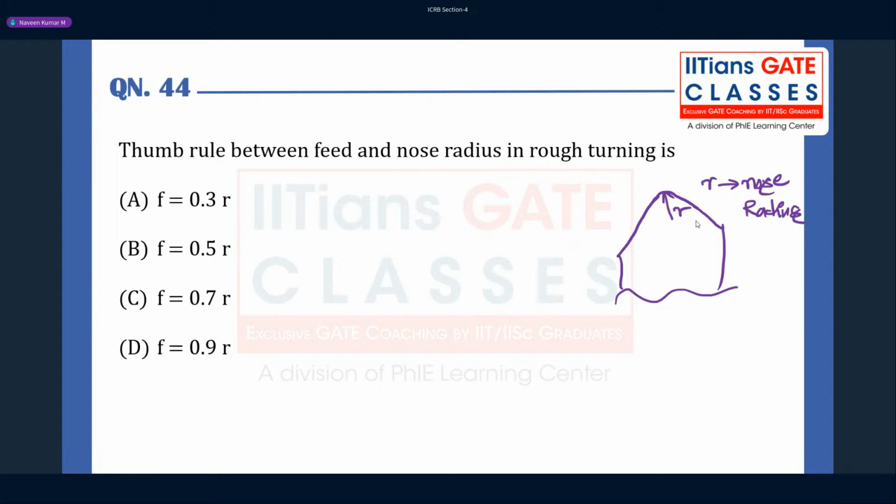If you are increasing the nose radius beyond that, the material removal rate will decrease, the cutting forces will increase, and vibration, some chattering of the machine, will happen, right? So the optimum nose radius is important, not high or low. Optimum nose radius is good.